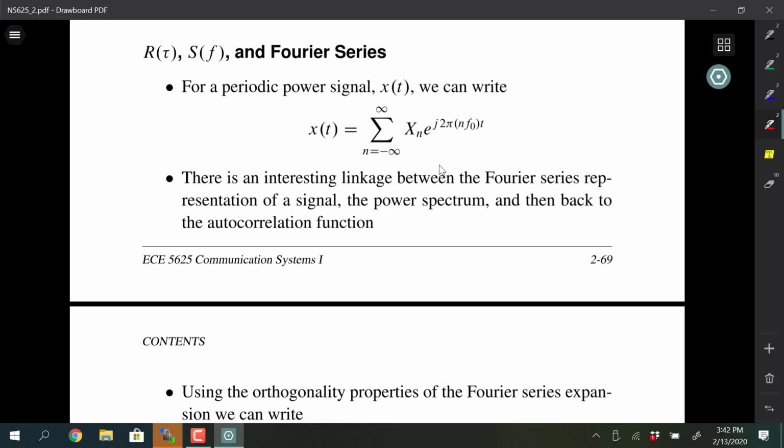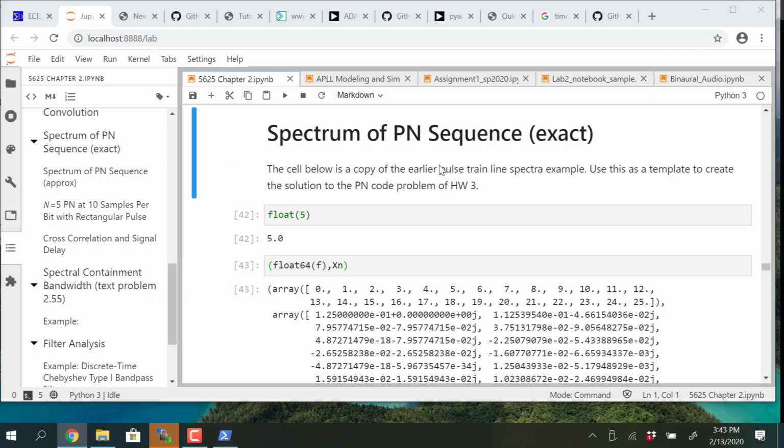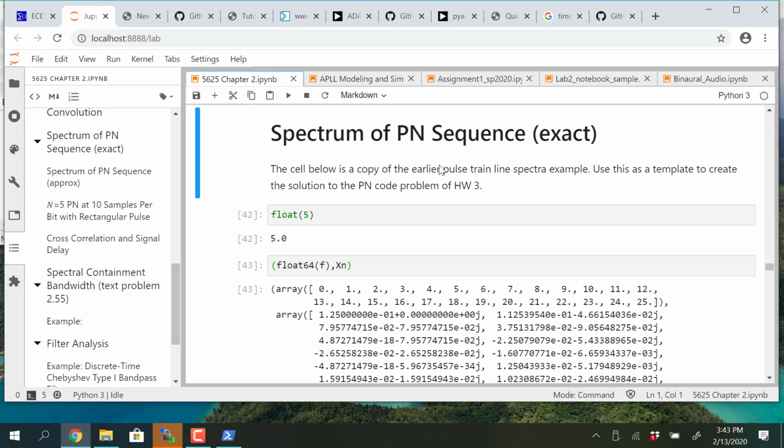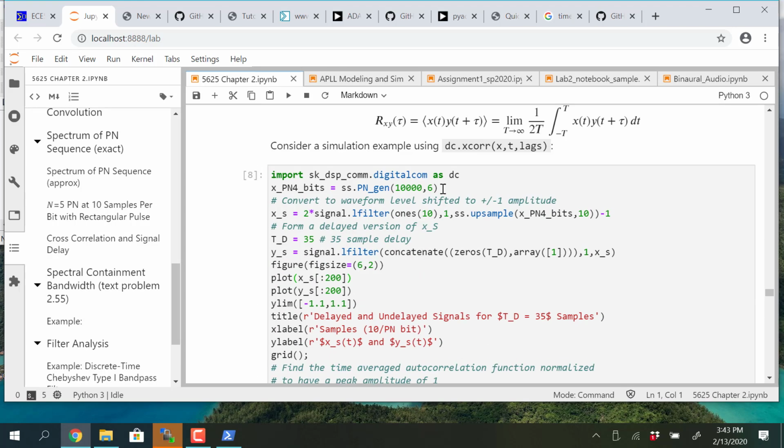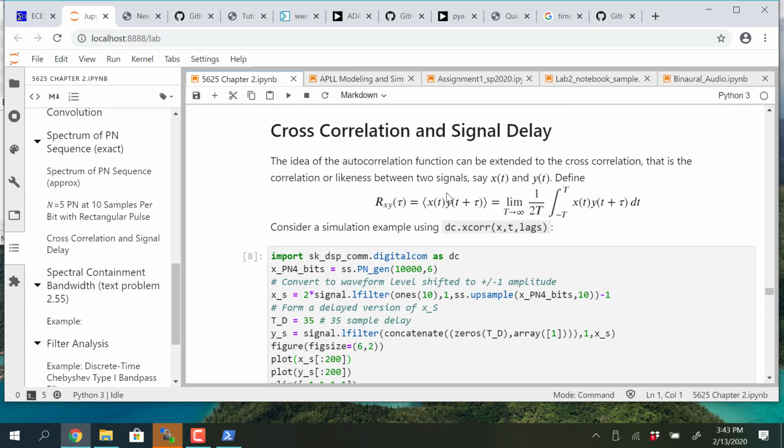So an example of that, a simple example that I put in the notes, in the Jupyter Notebook, is cross correlation and signal delay. This is the same definition we have, except rather than x with x delayed, it's x with y lagged by t plus tau, and then the definition is the same as we've had.